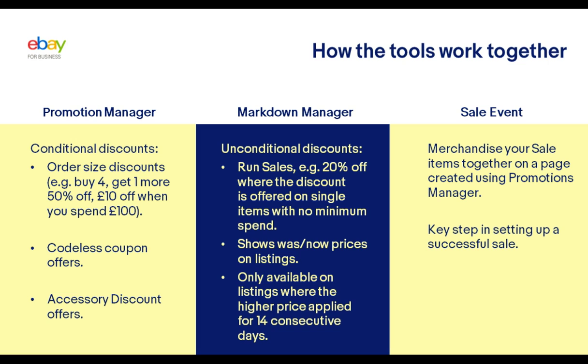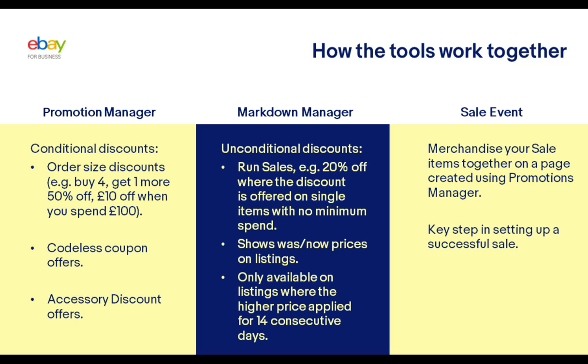Now, this is actually quite a key step. As we go through the rest of this webinar, you'll see that we have some flashes that appear on discounted listings. If you are using the Markdown Manager tool to process your discounts, that will only do was-now pricing where the price is shown.